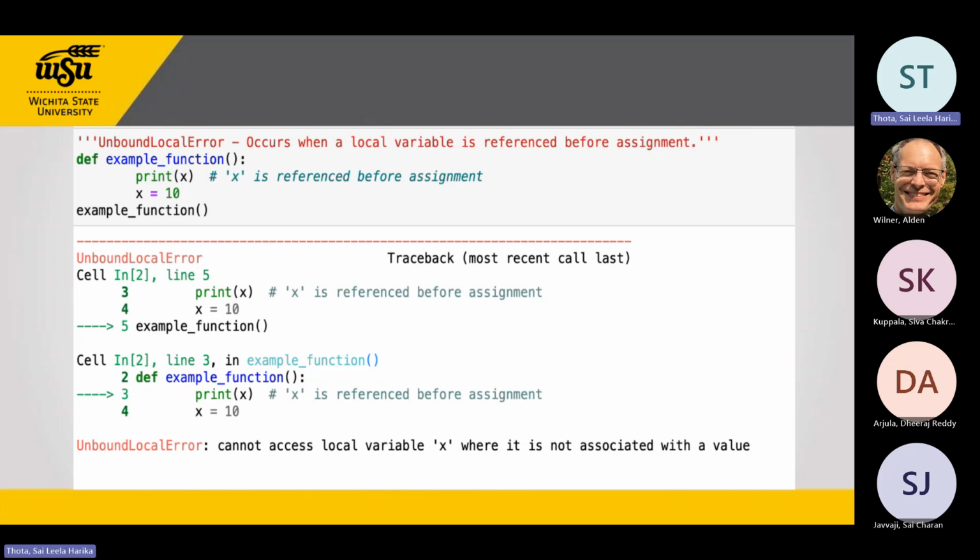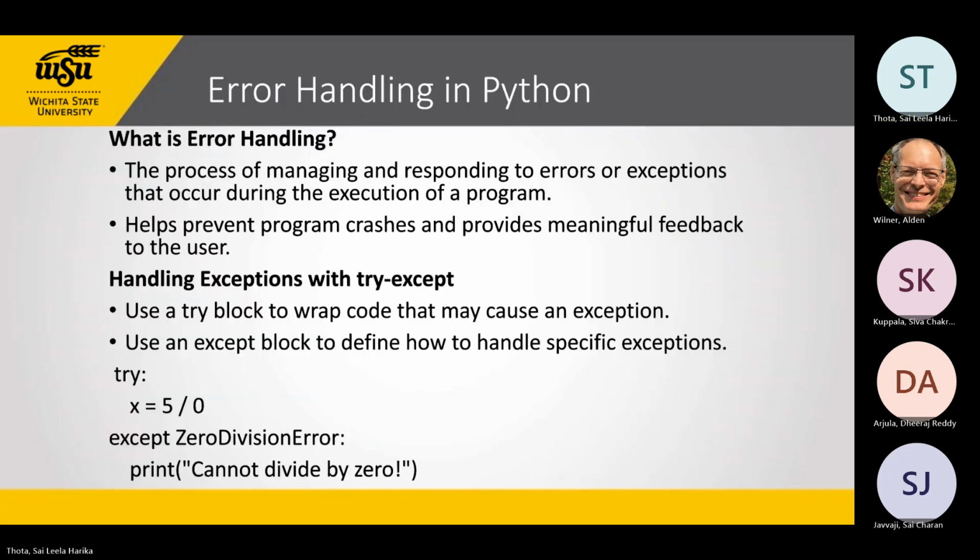In the next line I mentioned x equal to 10, but I'm trying to print the x before it is assigned. That is the reason I am getting an unbound local error. And here there is an explanation: cannot access local variable x where it is not associated with a value. So simply when you are trying to print something before assigning any value or before declaring it, we will get unbound local error.